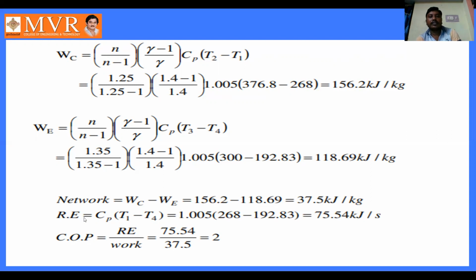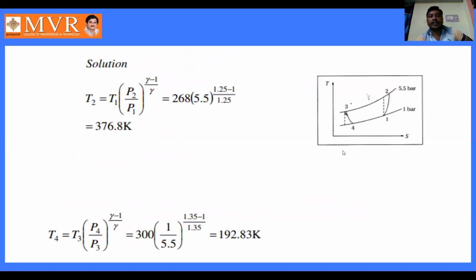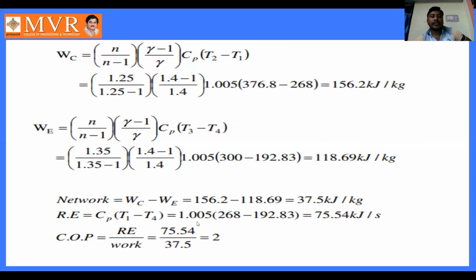Now we are going to calculate the refrigeration effect. Refrigeration effect means nothing but the heat which is absorbed. Heat is absorbed in the 4 to 1 process, and in the 2 to 3 process the heat is rejected here. Hence, we are taking the expression as Cp into T1 minus T4.